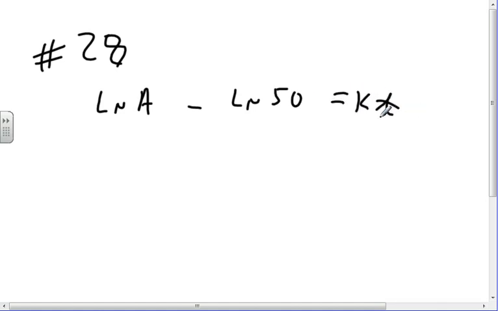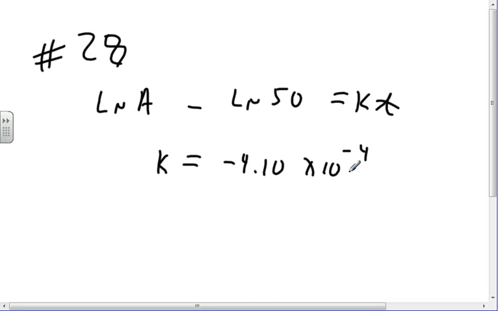All right, so I've got 50 milligrams of a radioactive sample of radon, and it decays at the rate of decay we have there, where A is the amount remaining, T is the time in years, K is a constant, minus 4.10 times 10 to the minus 4th.